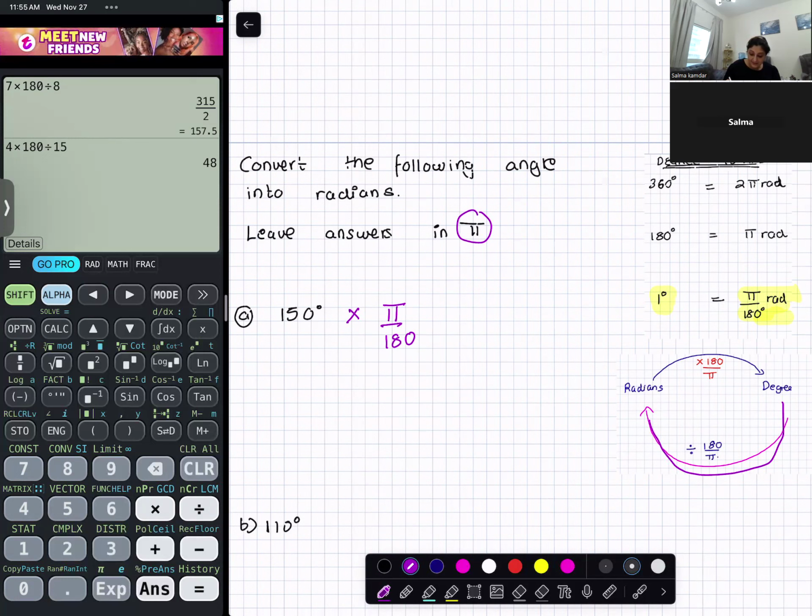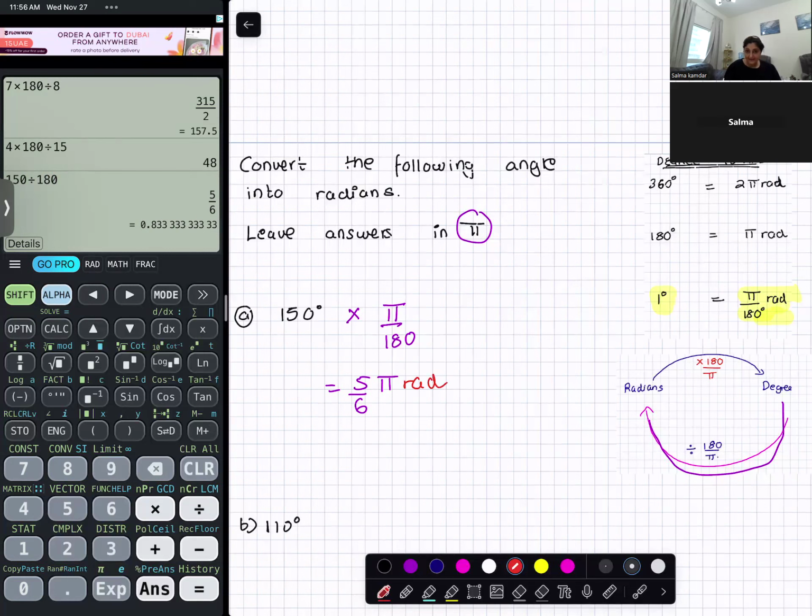Since I want the answer in pi, it is going to be 150 divided by 180. So this is 5 by 6, 5 by 6 pi. And don't forget to put the sign of rad.